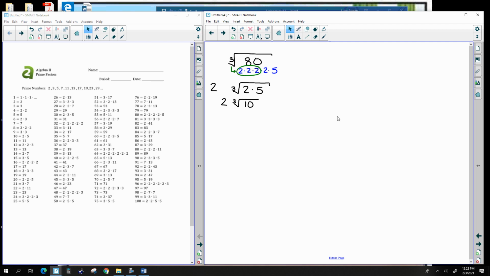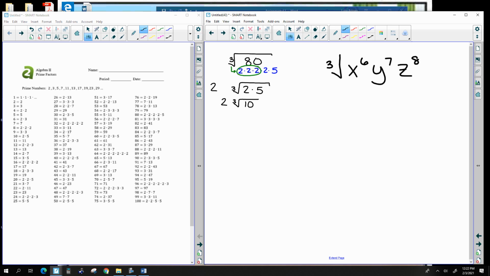Okay, letters. Say I have the 3rd root of x to the 6th, y to the 7th, z to the 8th, and then let's go w to the 9th. When it's an exponent, what you do is you try to divide the exponent.